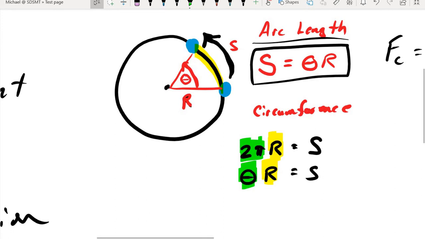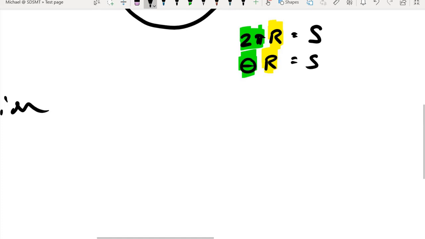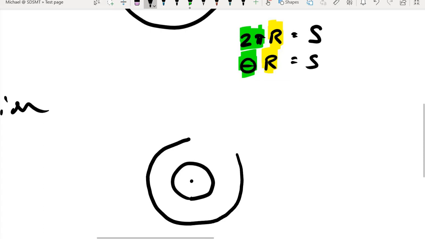We don't want to be using the arc length so much as we would prefer to use the angular position and the angular displacement. The reason that we want to use the angle, let's consider two circles. I'll have to make this one a little bit bigger, that are centered at the same point.